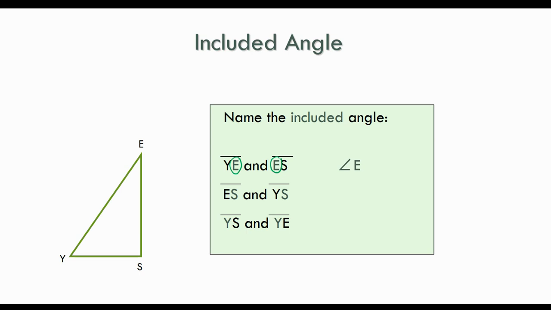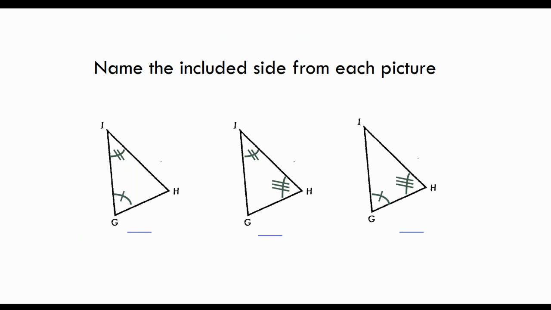If we look at the middle segments, we've got ES and YS. Notice that what those 2 share in common is S, so that would be the included angle. The last set of segments here are YS and YE. Notice that they share the similar letter of Y, so that's why angle Y would be the included angle. So the angle that's in between my 2 segments.